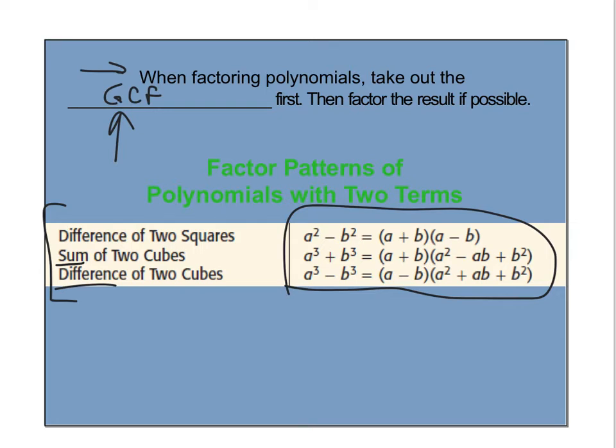Then you go from there. Now I want to remember sum of two cubes, two things cubed: you add, subtract, add. Difference of two cubes: subtract, add, add. If you look, the sign pattern goes: same, opposite, add. For this one, same, opposite, add.